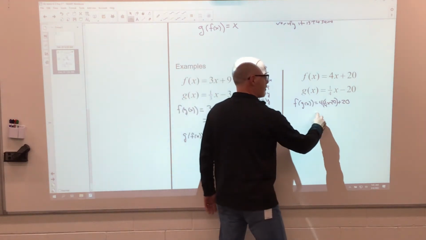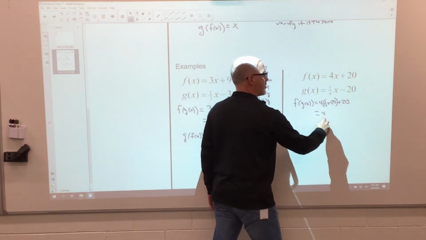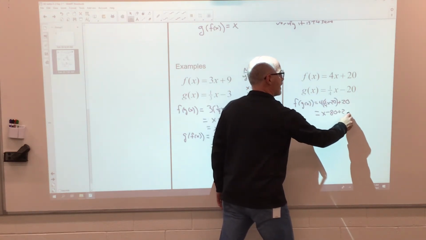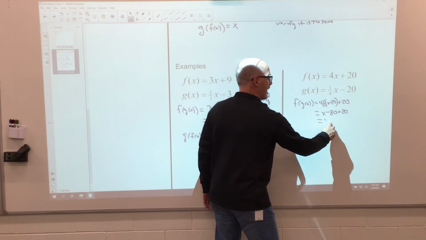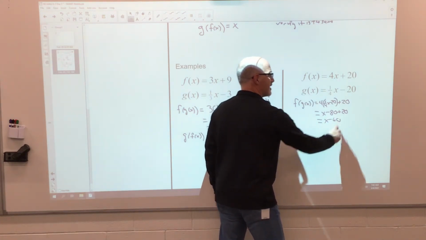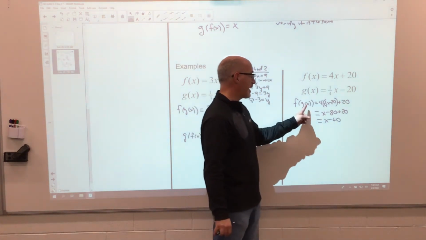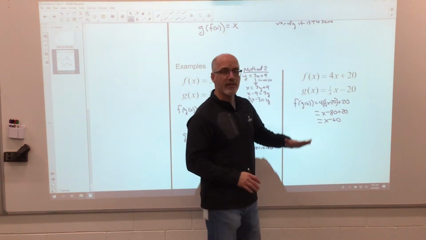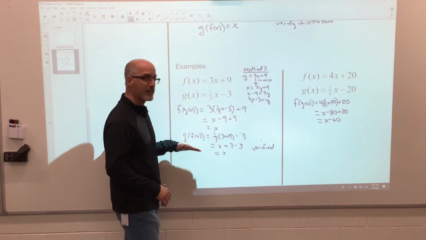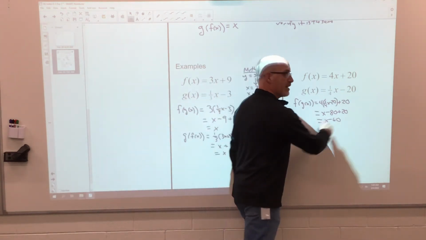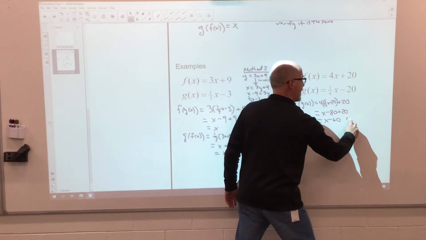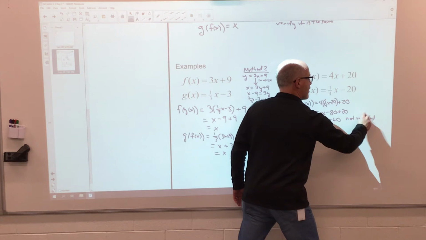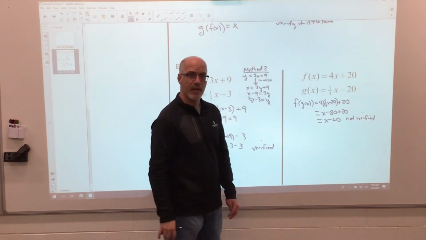Now distribute through, so 4 times 1/4 x is just x, 4 times -20 is -80, plus 20, when I simplify that, I get x minus 60. I don't get f of g of x equals x, I get something extra. You don't even have to do the g of f of x when one of them shows that it doesn't work. So this is not verified. They are not inverses of each other by looking at that process.